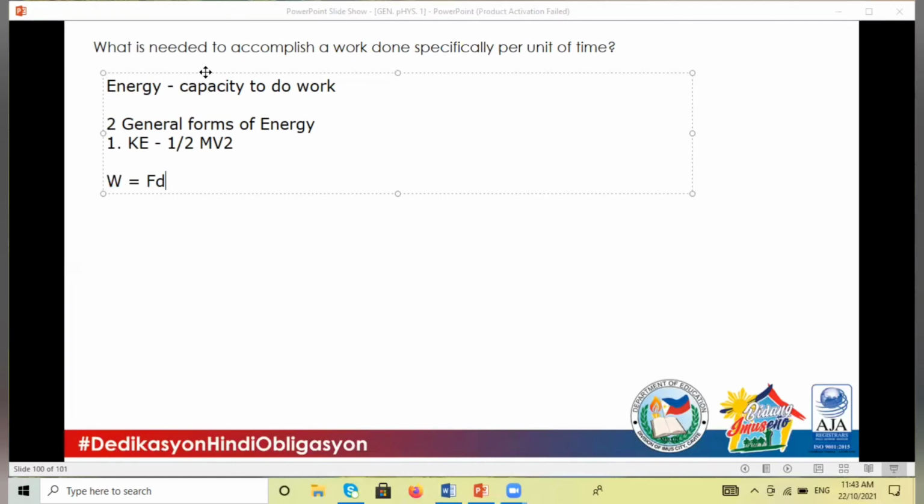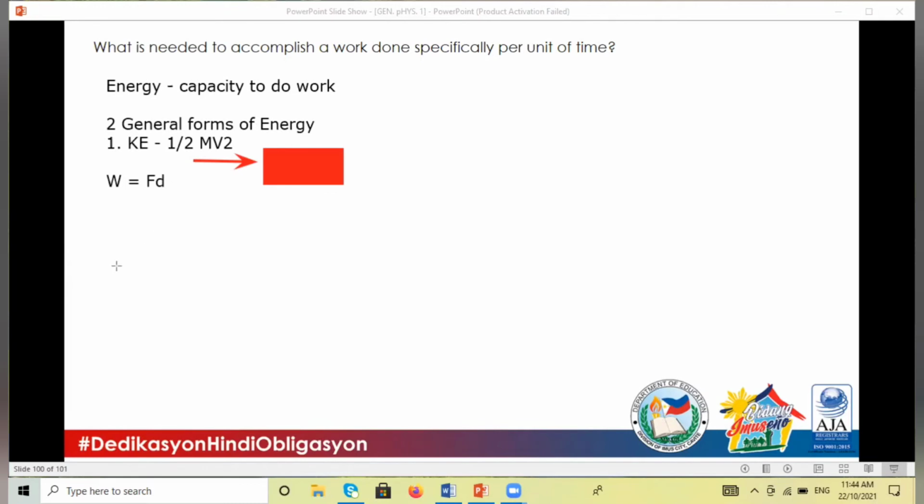But since the object moves and acquires velocity, for example, we have here a box and you push this box towards that position. And then once you push that box, it gains kinetic energy. The change in kinetic energy can be measured from its work done, which is force times the displacement.